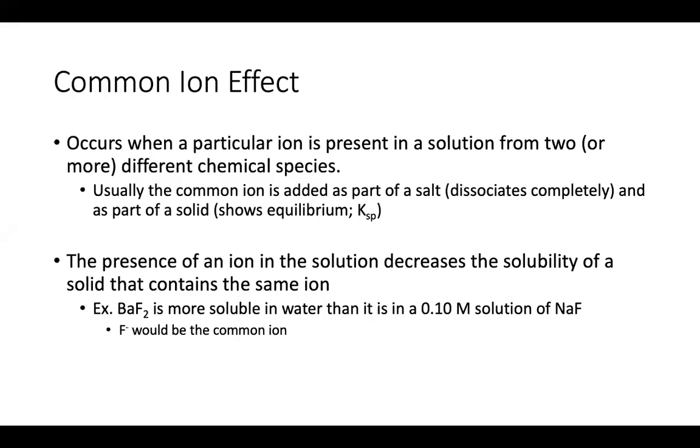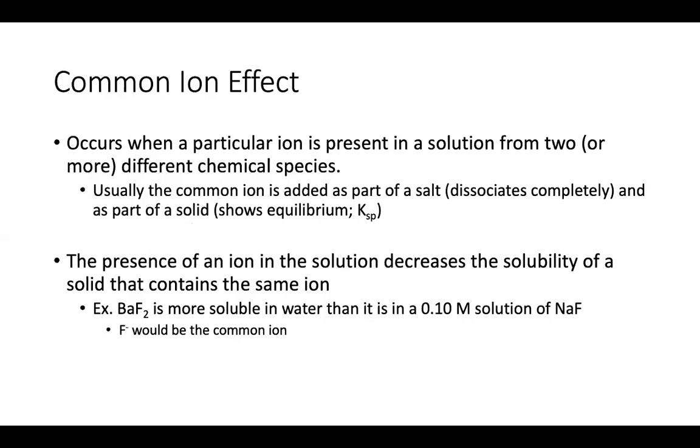So in example number 4, we added lead chloride, a solid, and we were looking at its solubility in different solutions that had different concentrations of chlorine. The chlorine was added to the solution as a salt, which dissociates completely, and we saw that it impacted the solubility of the solid.